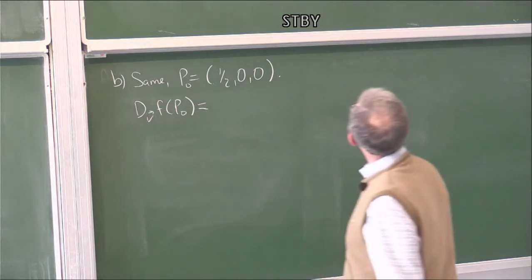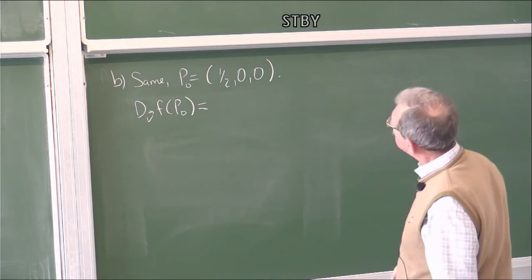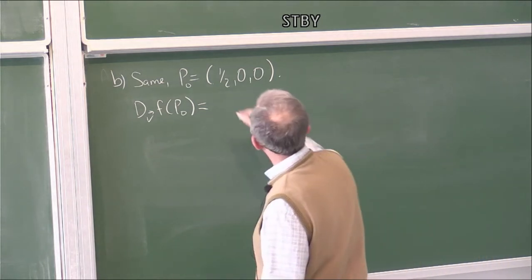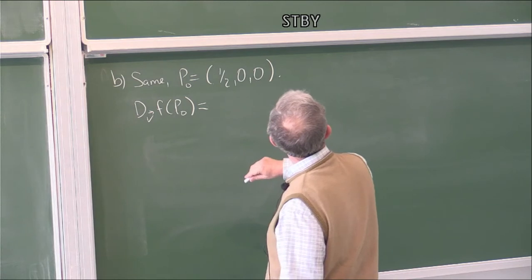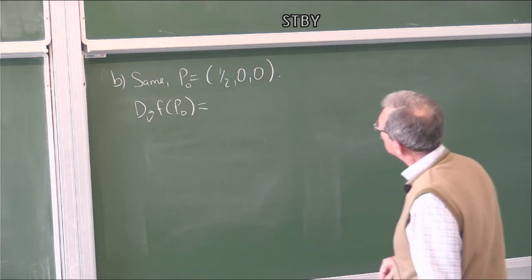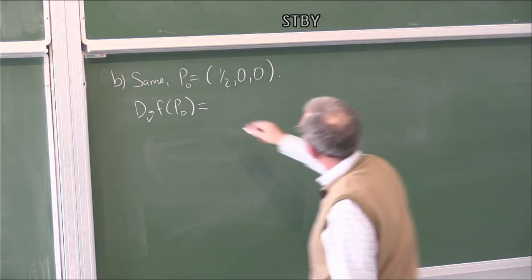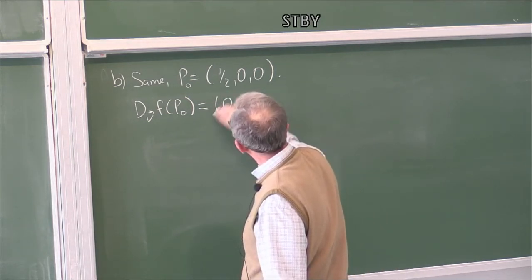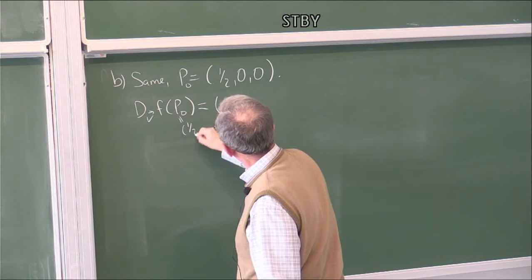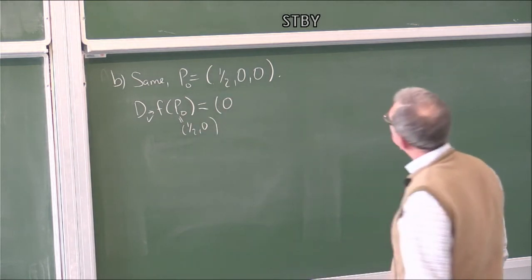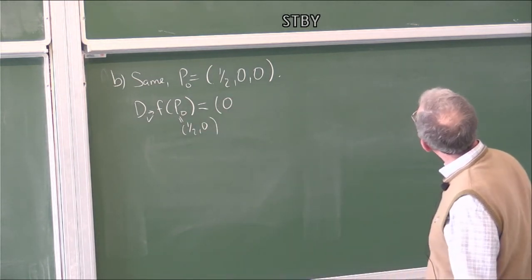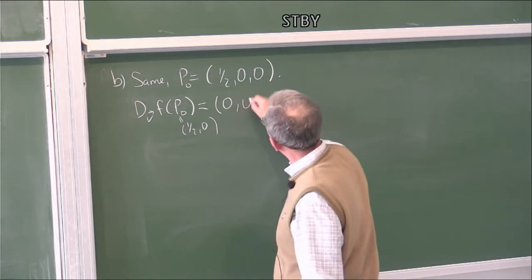I will not calculate it again. I did over there. It is y minus 4xy. My y is 0, so the first is 0. And the second one, x is 1/2, but that means it's also 0.